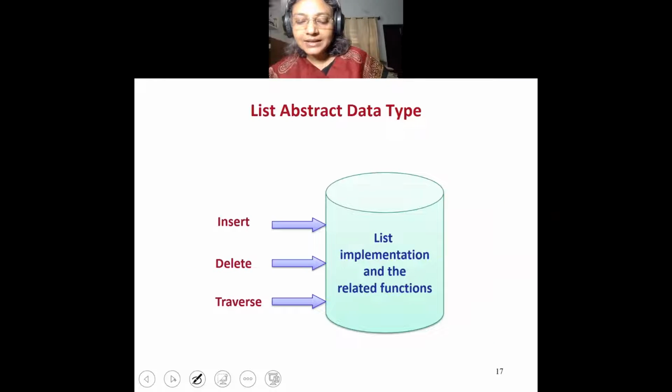Now, if we look at the list as an abstract data type, these are standard operations: insert, delete, traverse. You can define these functions. You can also define other functions like create, concatenate, etc.